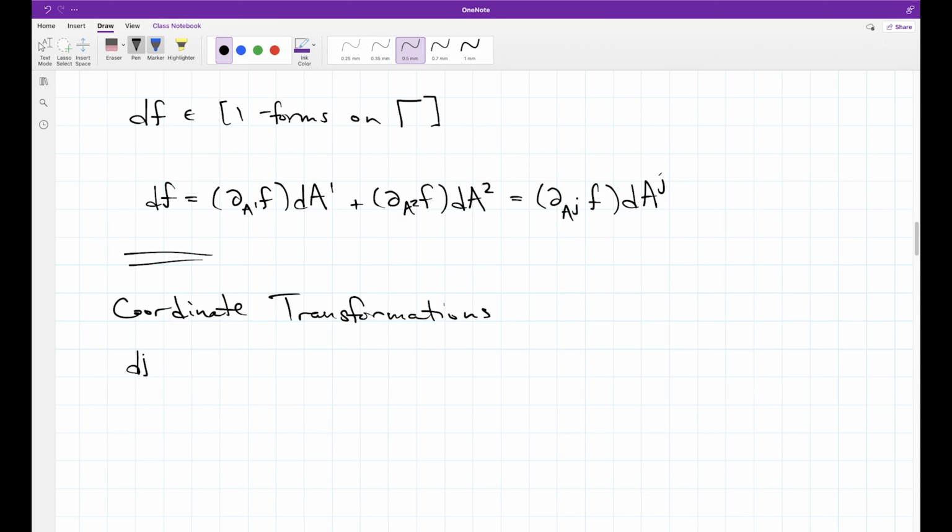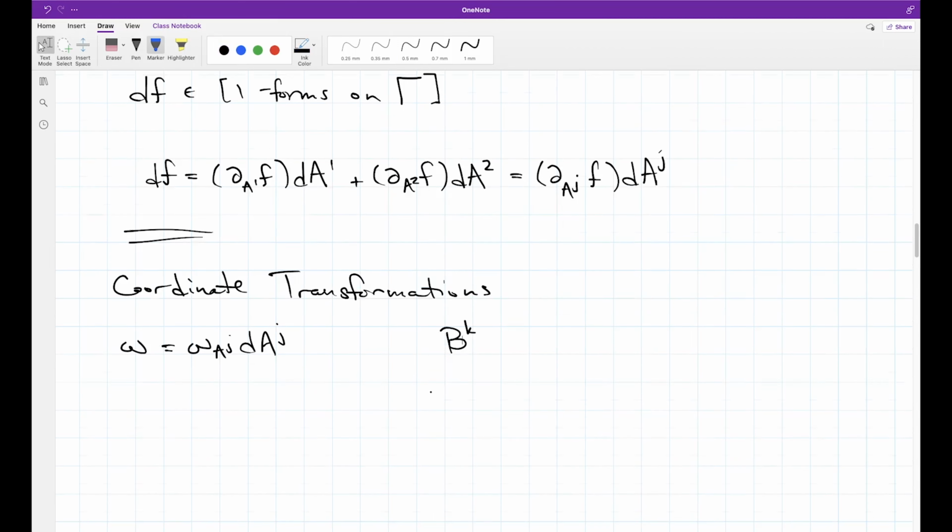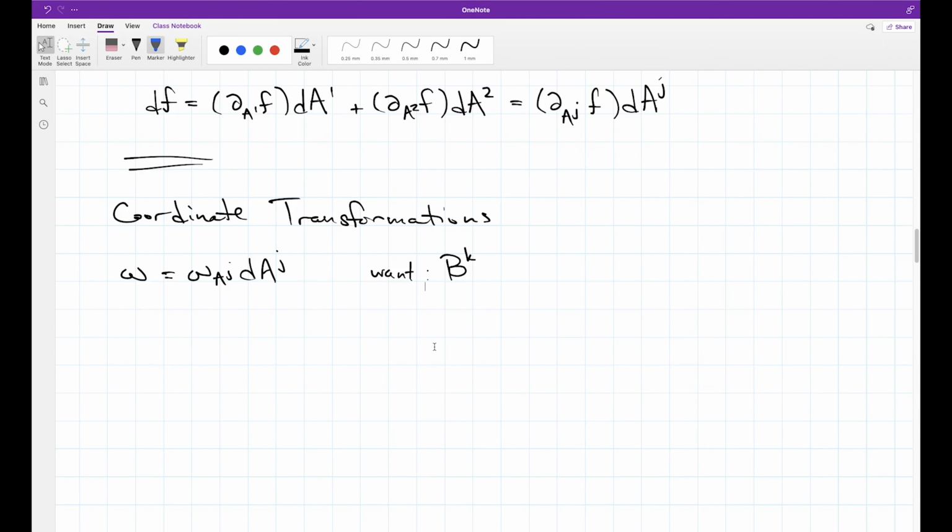So suppose again that I have df, or actually let's even be more general. Suppose that I have omega, and omega is equal to omega_aj da_j. And I want to transform this into the coordinate system b_k, let's say. Okay, so just like for vectors, I need to know how the covectors transform. And again, just like for vectors, we're going to use something that kind of looks like the chain rule in order to do it.